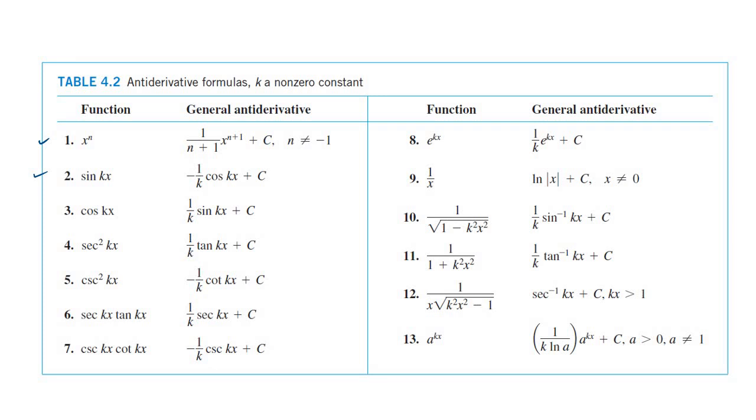You'll have to remember this as well. The antiderivative of cos kx is 1 over k sin kx plus c. This is important as well. And when you integrate 1 over x, you get ln x. That's important as well.